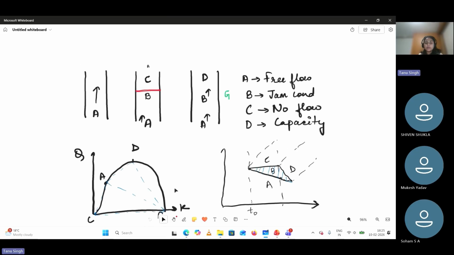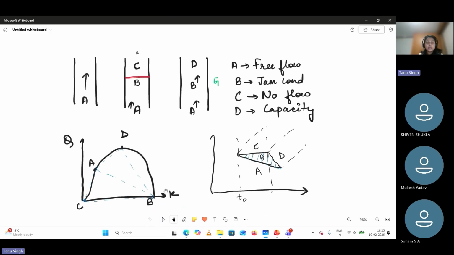So B will be this condition, when the flow is 0 and density is maximum. Then comes the C condition. C condition is when the flow is also 0 and density is also 0.